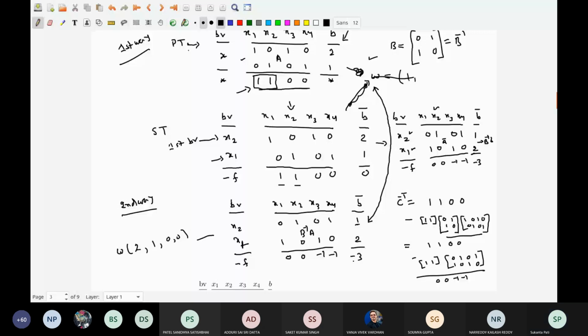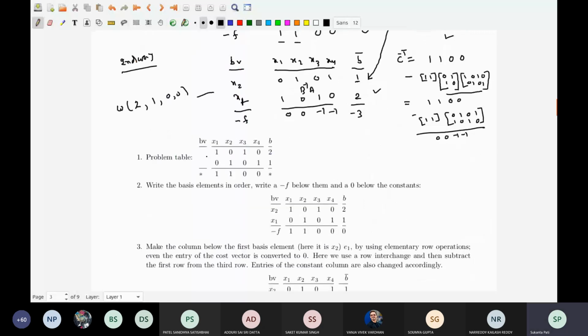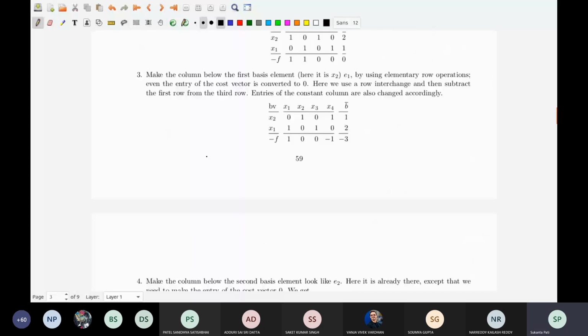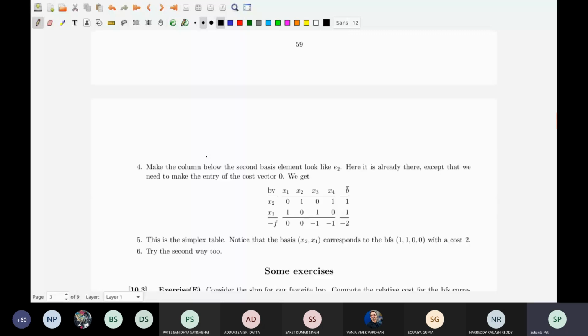That is one. And this other table is not at all a simplex table, it was some mid-step table. So these are the two ways of computing the simplex table. The first one I have explained here. The second one, you try, but you have to find the basis matrix, find its inverse, and then find C bar, everything.